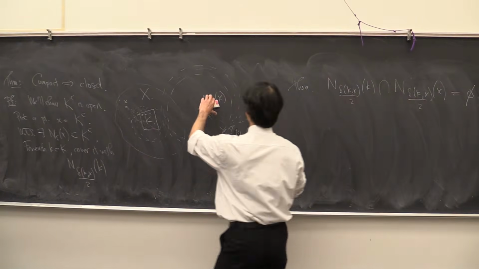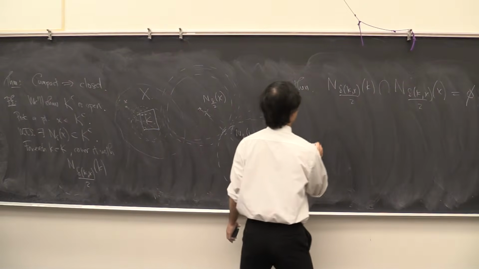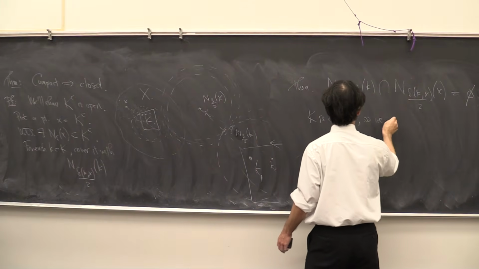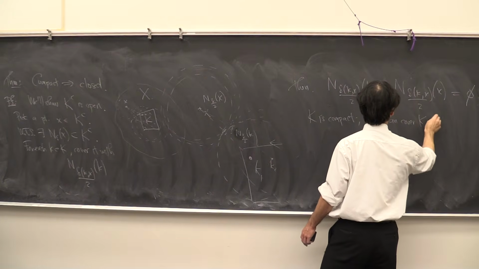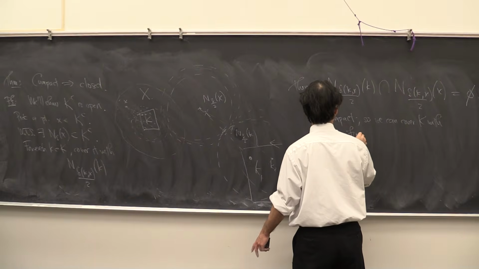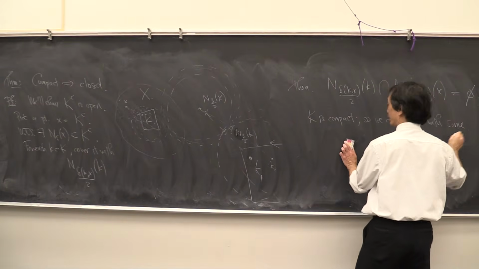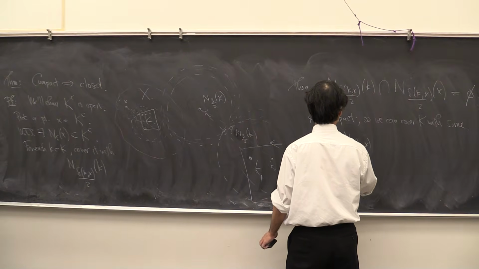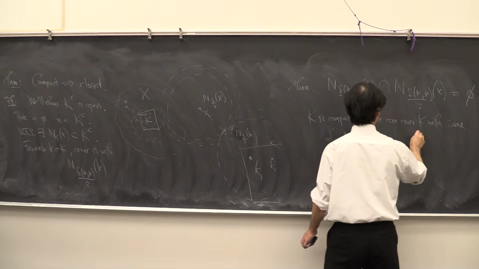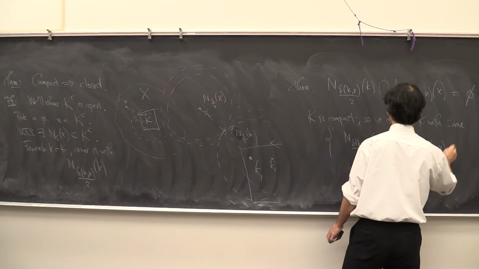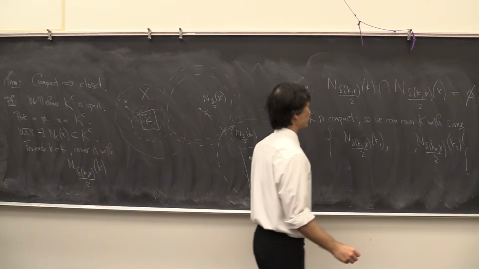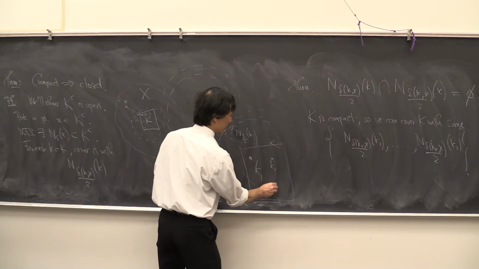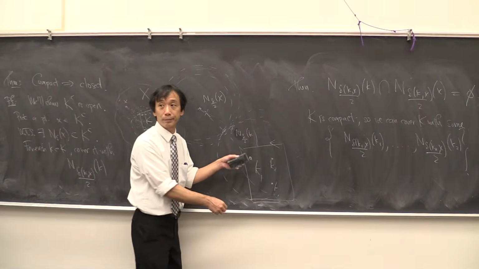The two corresponding balls don't intersect each other. K is compact, so we can cover K with finitely many of those balls: a collection of balls of radius delta k1 over 2 centered at k1, up to delta kn over 2 centered at kn. Since K is compact, there are finitely many k's that still cover this whole set.